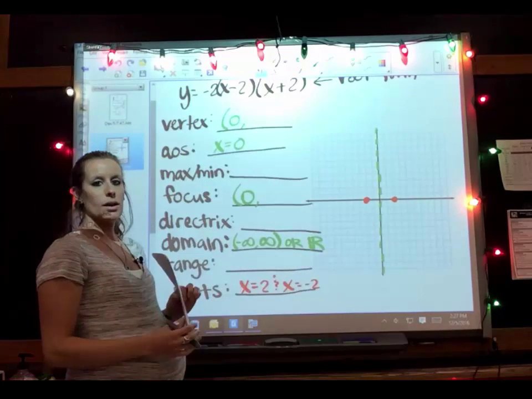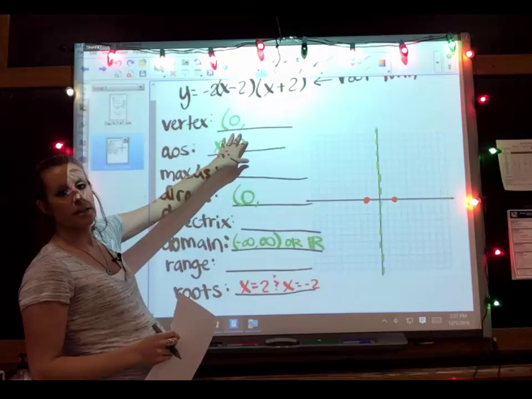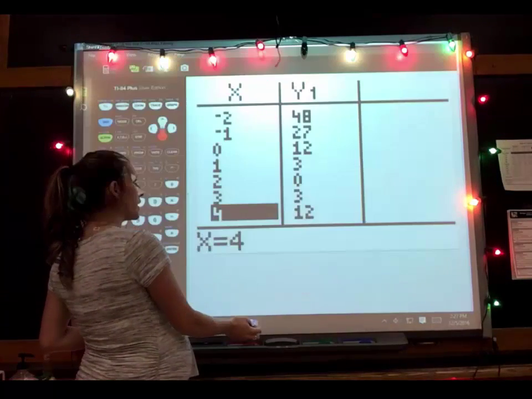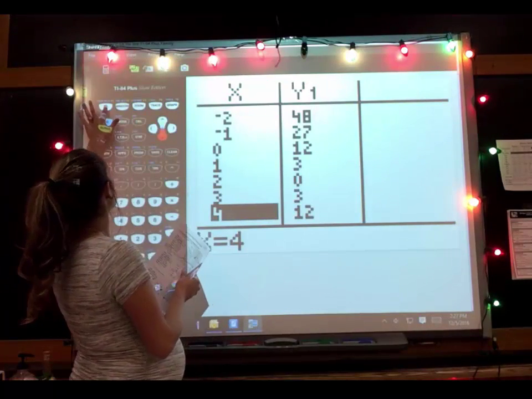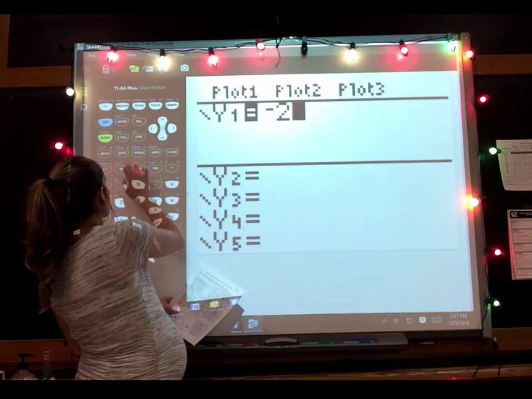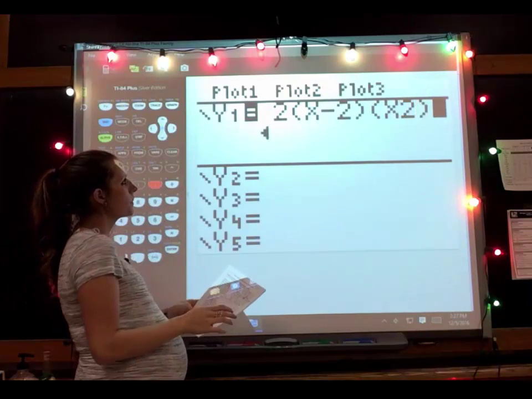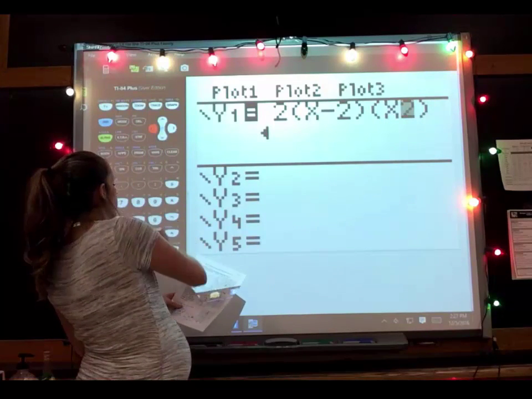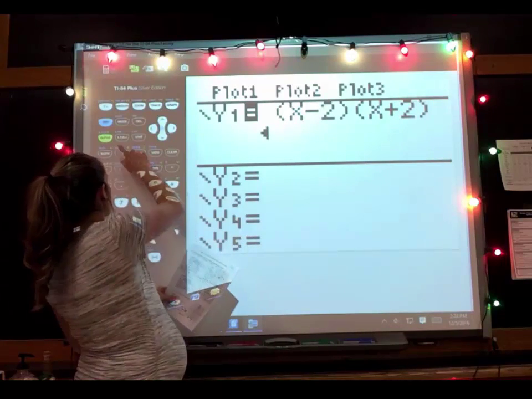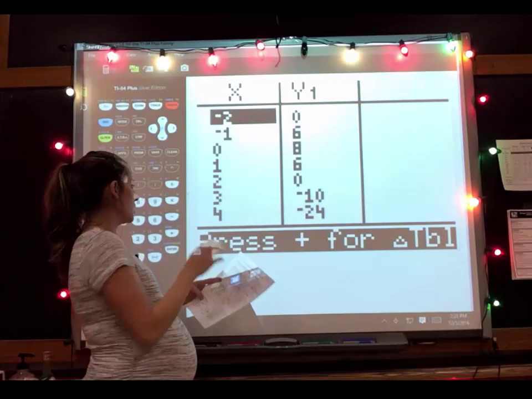Alright, now before we keep going, we need to figure out what our vertex is. So let's go to y equals on our calculator. Our equation is negative 2, x minus 2, and x plus 2. We're going to go to our table, second graph, and find some points around that vertex.